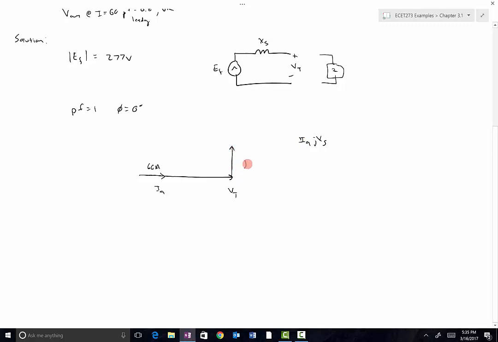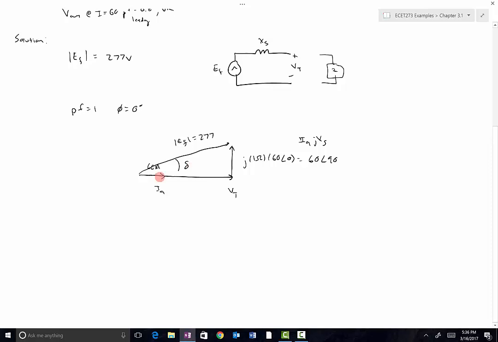This is going to be J times 1 ohm times 60 angle 0, which is just equal to 60 at angle 90 degrees. And then finally we've got EF. We know its magnitude is 277. We don't know what its power angle is yet. In fact, we don't actually have to even calculate it for this problem.